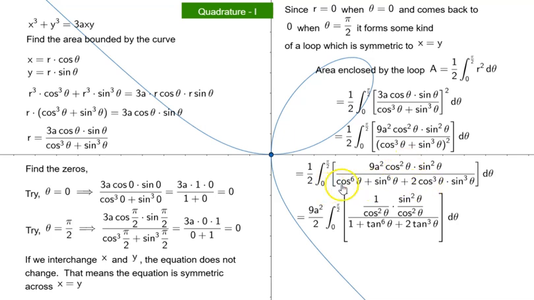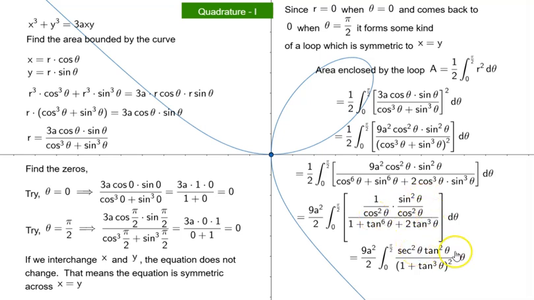Now in the denominator, cos 6 theta by cos 6 theta is 1. Sin 6 theta by cos 6 theta is tan 6 theta, plus 2 times, here again we are dividing by cos 6 theta, so cos cube theta cancels out, and in the denominator of this we have cos 3 theta. So sin 3 theta by cos 3 theta gives us tan 3 theta, and d theta. 1 by cos square theta is sec square theta.